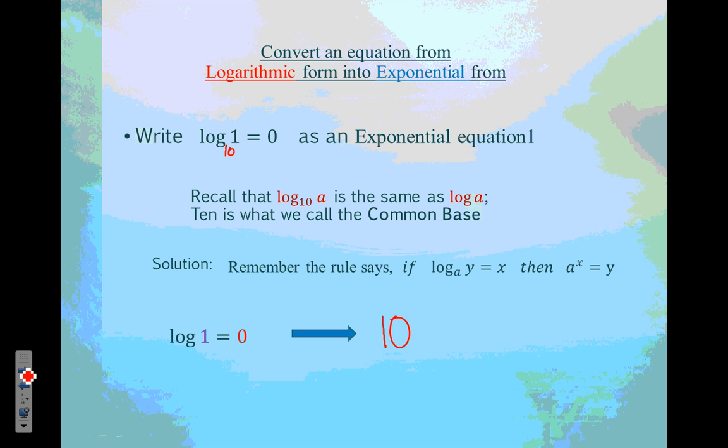The exponent is 0. 10 raised to the 0 power gives you an answer of 1. Note from the rules of exponents that a raised to the 0 power is equal to 1, given that a does not equal 0, because 0 raised to the 0 power is undefined. So it makes sense: 10 raised to the 0 power is equal to 1.